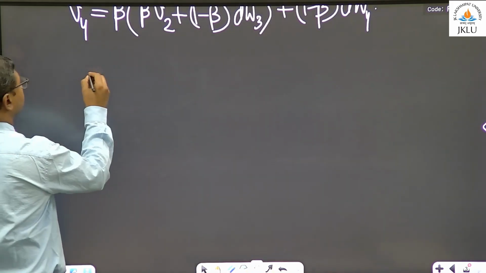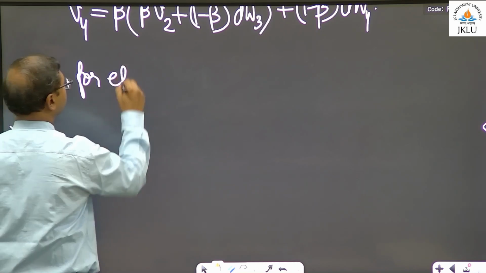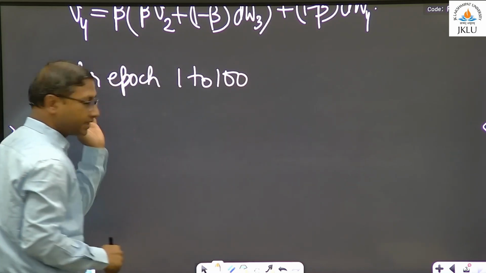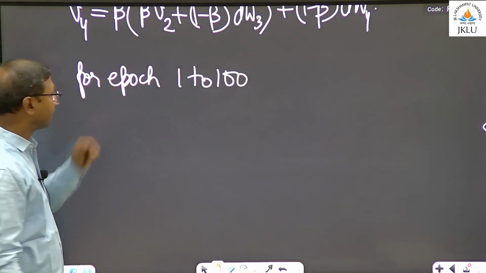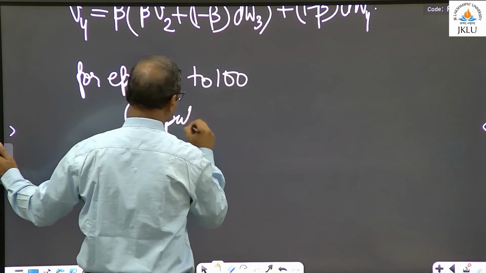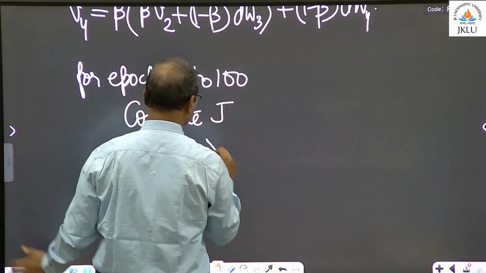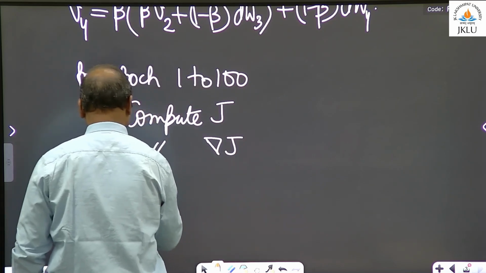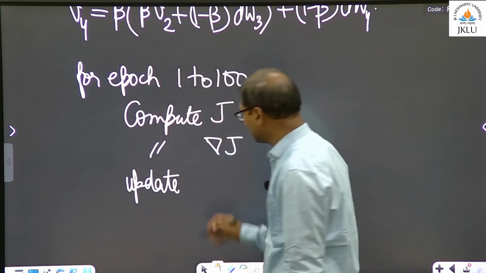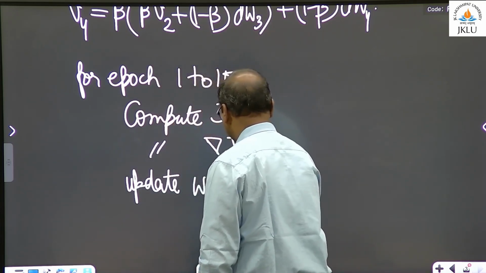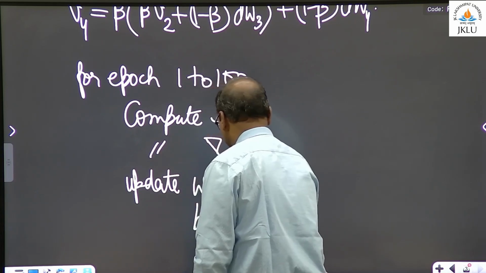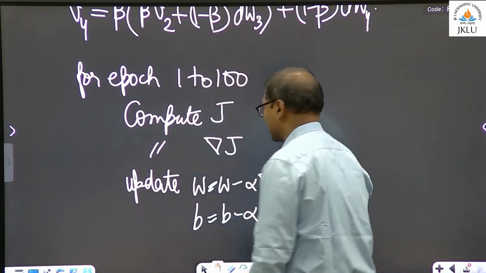For epoch, let's say 1 to 100, there is nothing special about this 100, I just have to write a number. What next? Compute J, and I am still doing batch. So compute J, compute grad J, update W equal to W minus alpha grad J, B equal to B minus alpha grad J, but this is the old one.